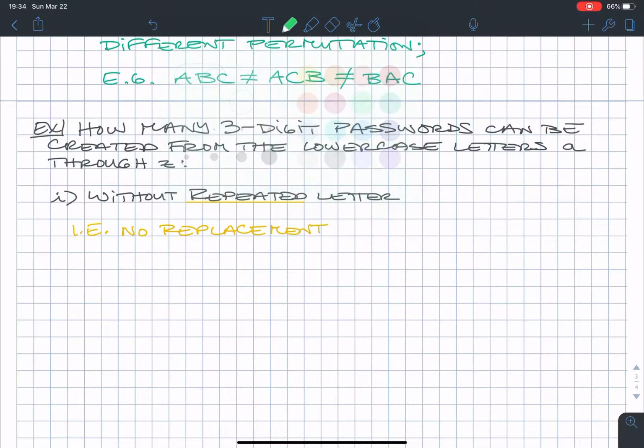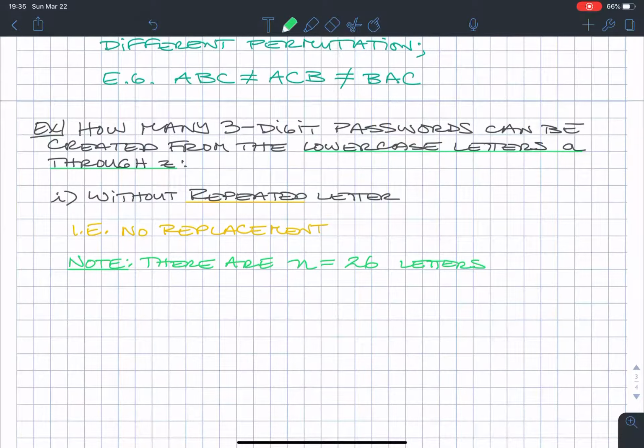And we also want to note the lowercase letters, A through Z. Do you agree that there are 26 letters, right? So the number from which I can choose is n equals 26 letters.